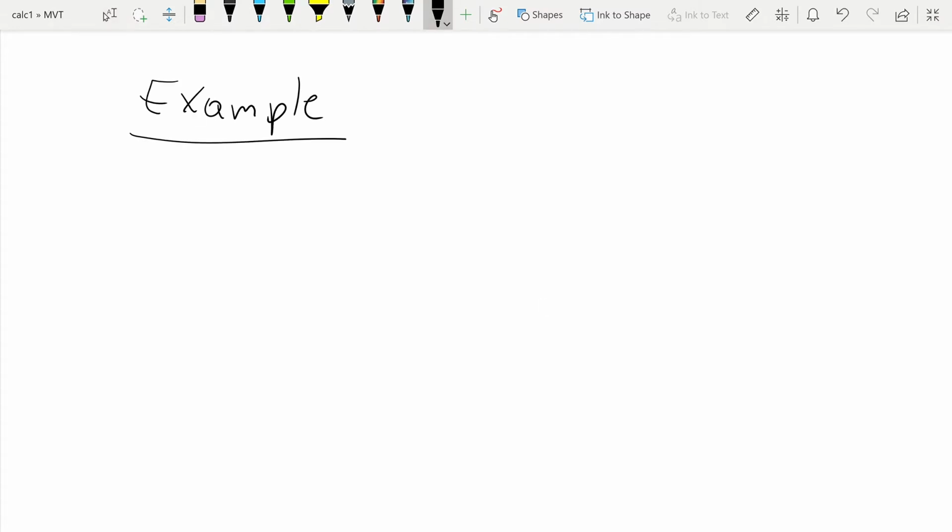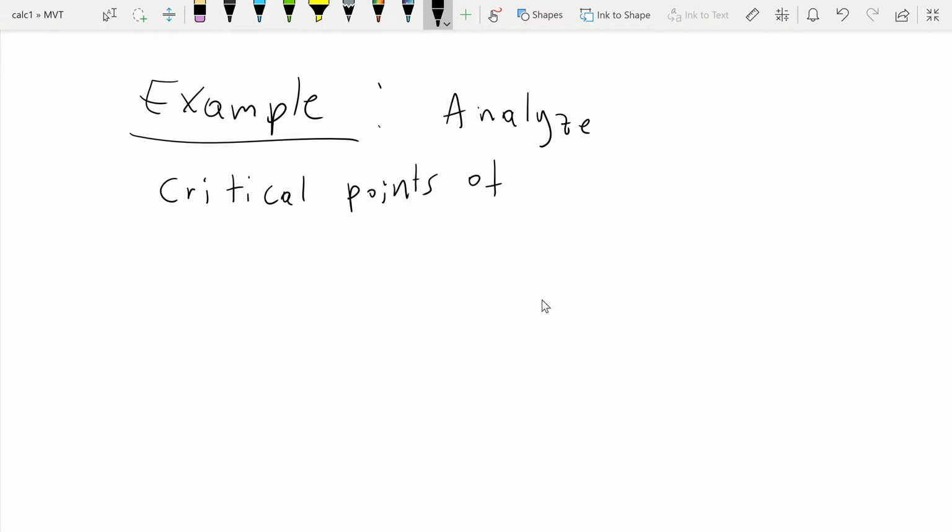Let's go over this example where we're asked to analyze the critical points of f of x equals 1 minus x to the 2/3.